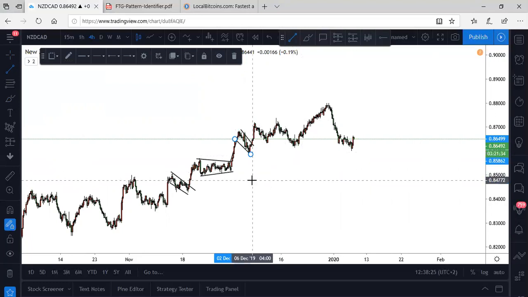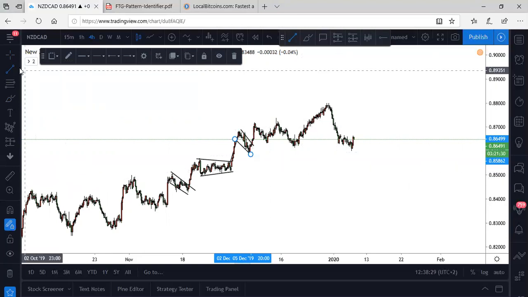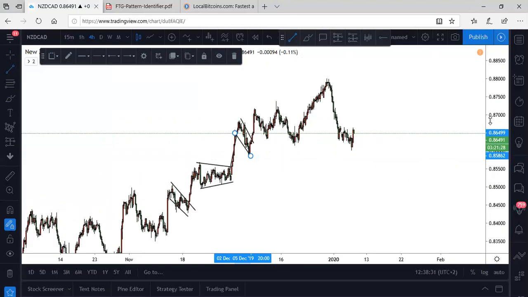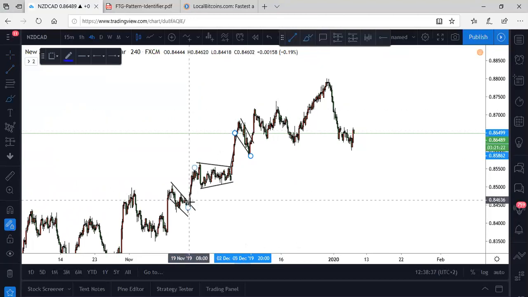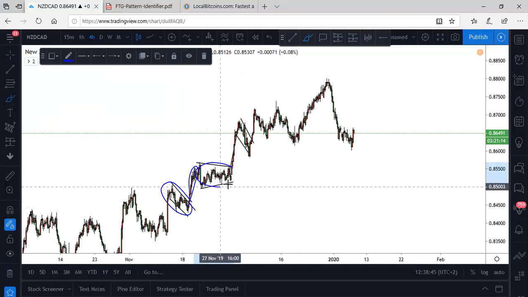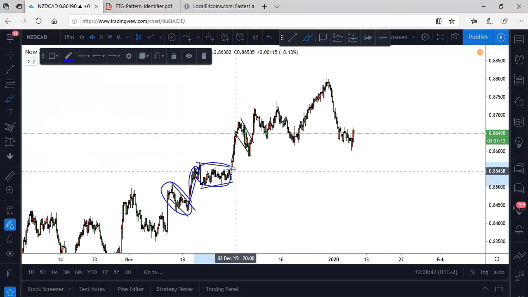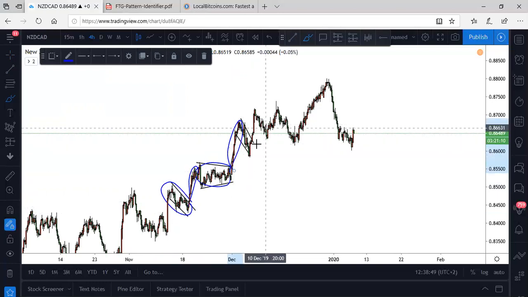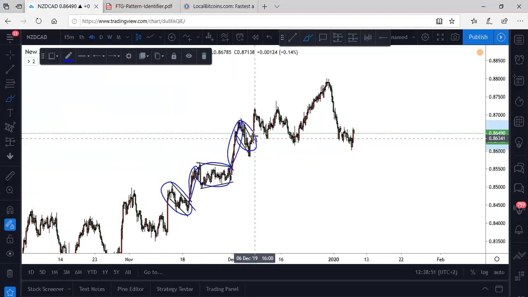So from here, guys, you can see things are easy. You can identify them with your own eyes. So this is correction, then impulse, correction, then impulse, correction.